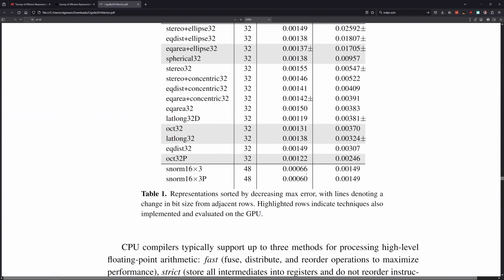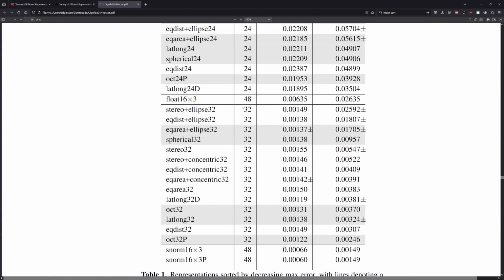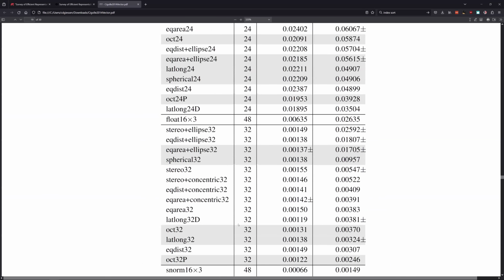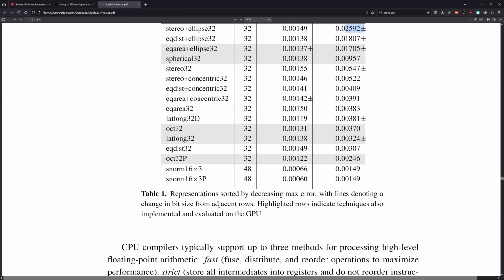Oh, the list goes on, because it has to have all the 24-bit and 32-bit variants. Okay. Wow, these are pretty close together at the end of the day. For their min error, their max error is a bit larger in difference.